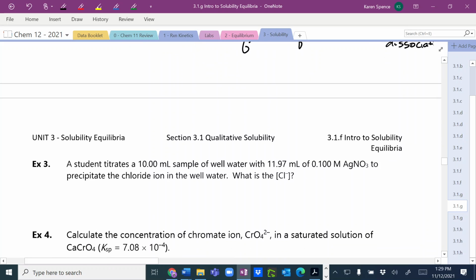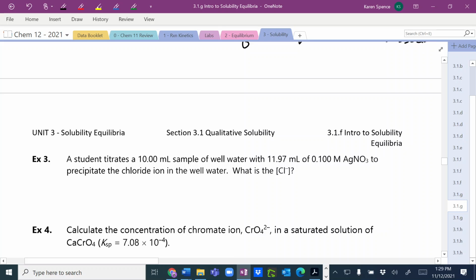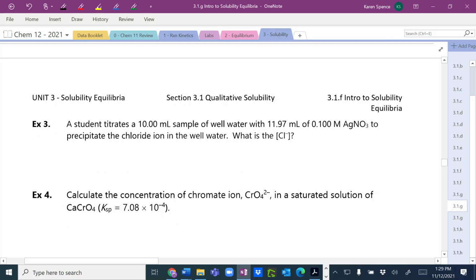All right, the next one, the wording might be a little tricky, but you can do this. A student titrates a 10 milliliter sample of well water with 11.97 milliliters of 0.100 molar AgNO3 to precipitate the chloride ion in the well water.